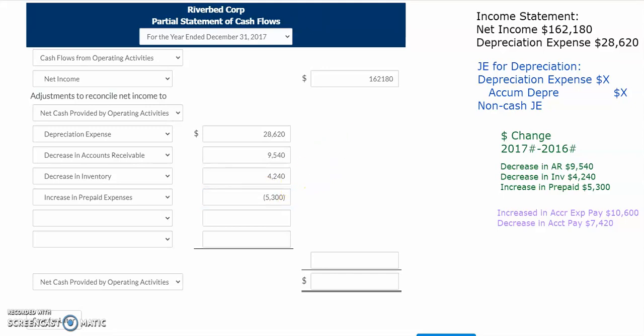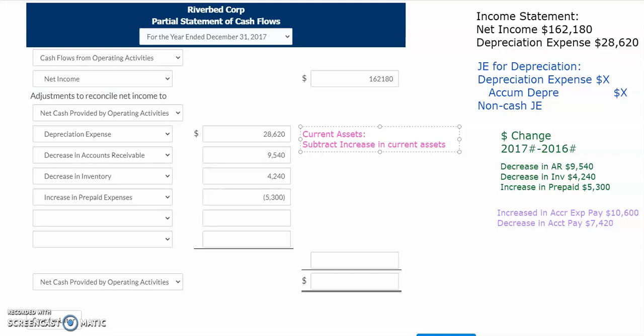So a little hint to help you remember the way it works for the current assets. When you have an increase in current assets, you're going to subtract it.